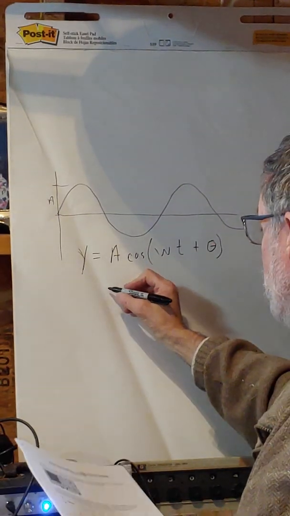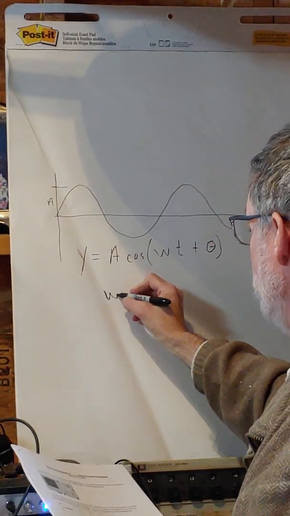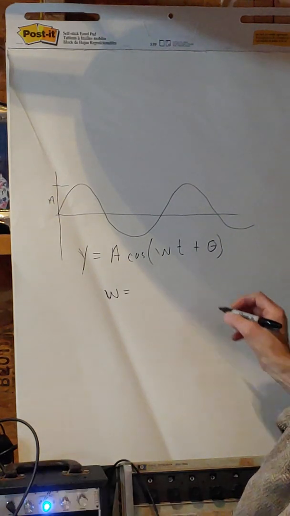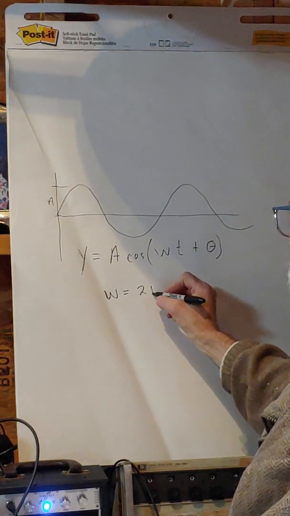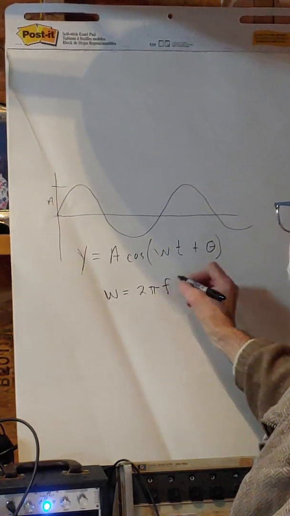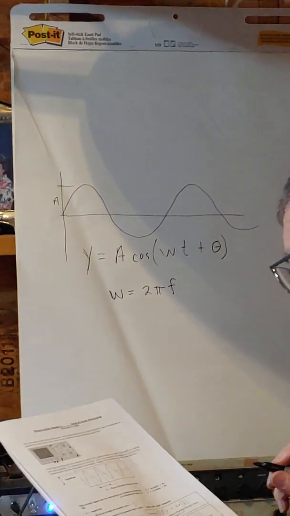Now omega, which we've talked about before, is angular frequency, which is 2 pi times the frequency. Okay?